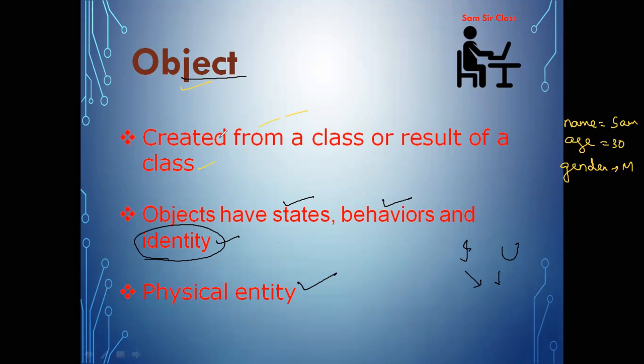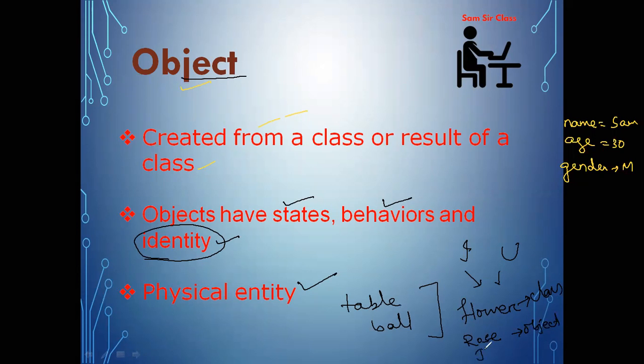Like person, everything is an object. That means a table is an object, a ball is an object. But whenever I consider flower, flower is a global word, it's a concept, so it's a class. But whenever I take the example of rose, it's an object.